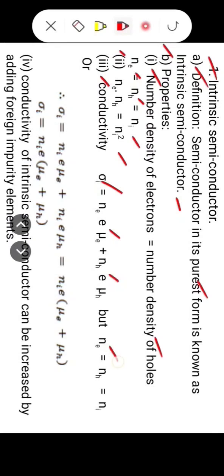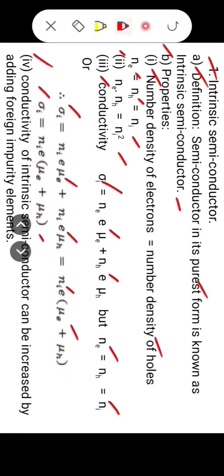But Ne is equal to Nh is equal to Ni in intrinsic semiconductor. Therefore, sigma i can be written as Ni into e into mu e plus Ni into e into mu h, or we can take out common Ni into e within bracket mu e plus mu h. So sigma i is equal to Ni into e into (mu e plus mu h). Okay, so this is how we have the expression for conductivity of intrinsic semiconductors.